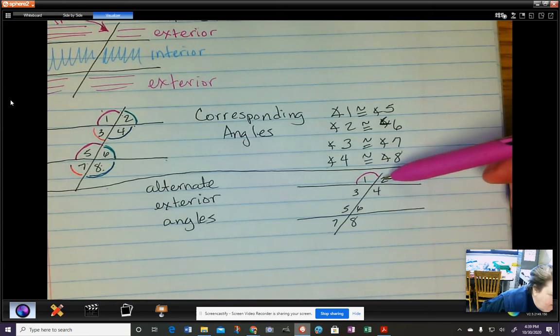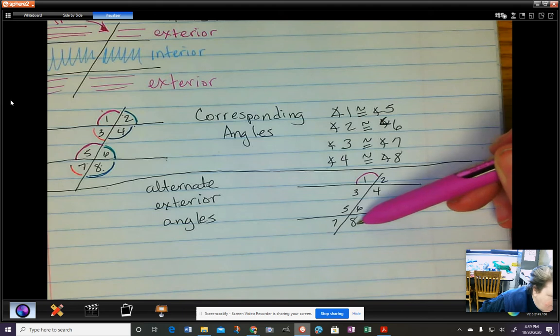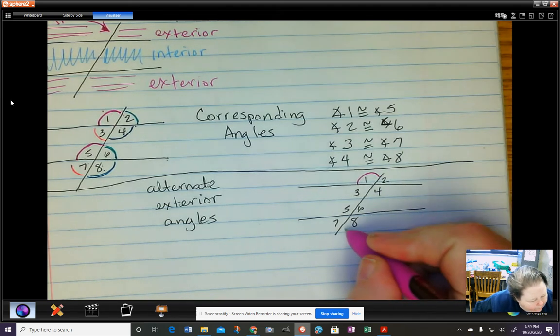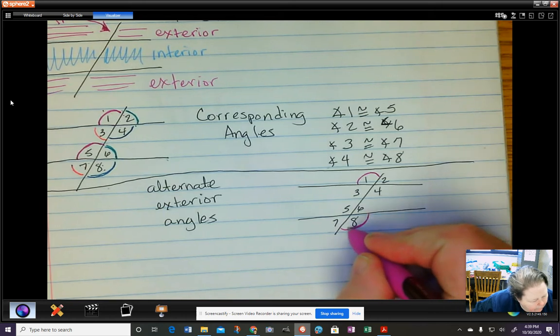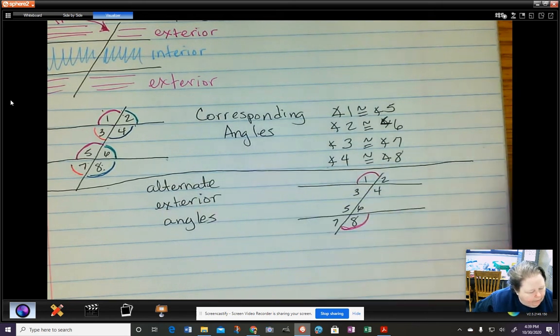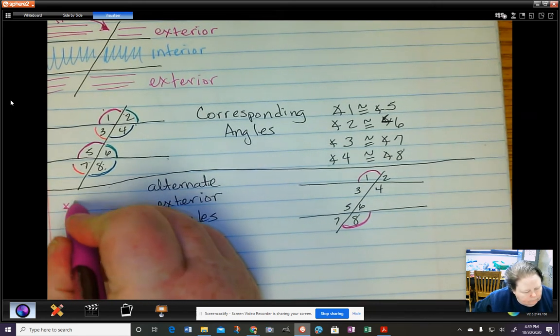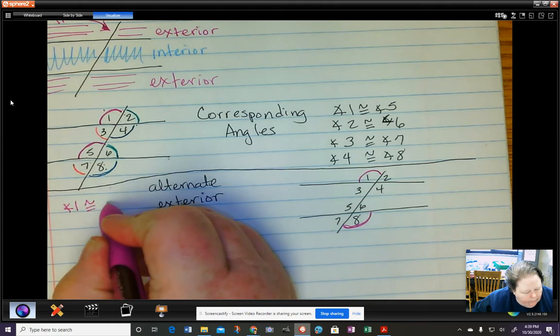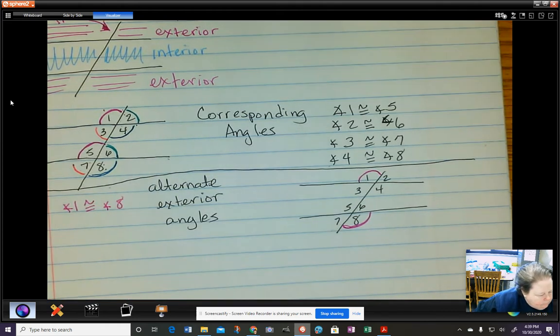But if I look at this alternate exterior, where's the other exterior side of this? It's down here. So the alternate exterior would be 8. So angle 1 is congruent to angle 8.